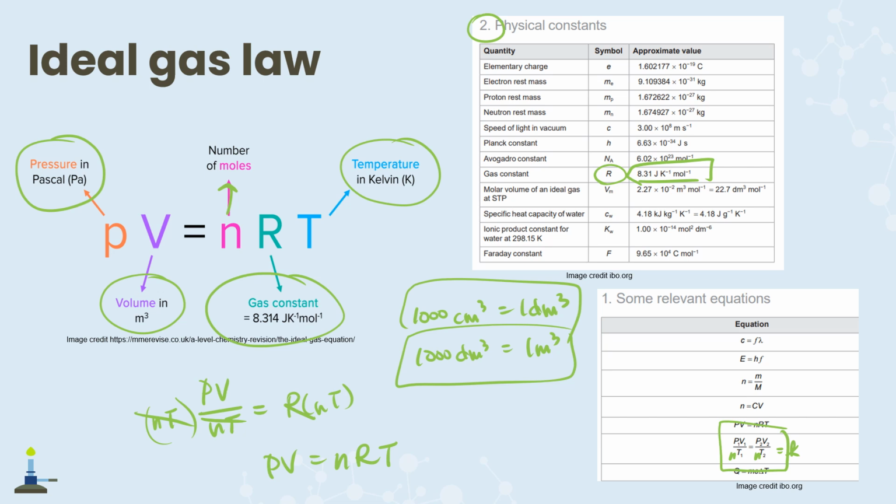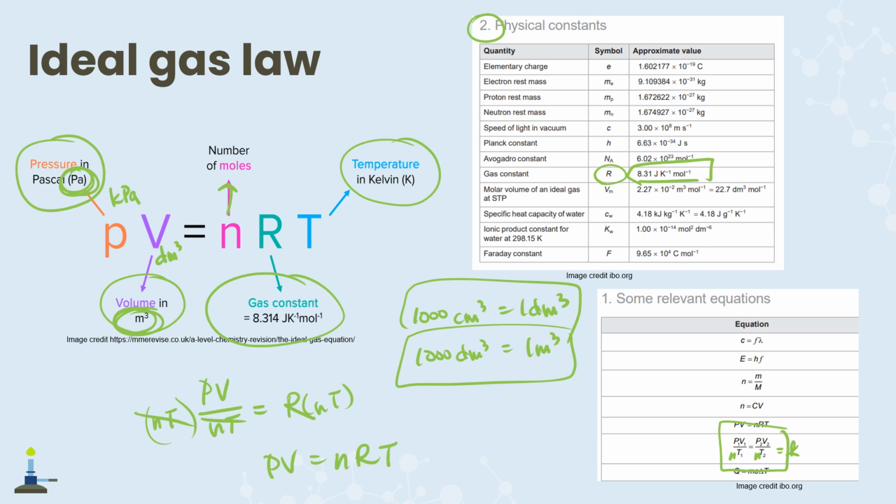How I remember: I need no prefixes on the pascals and no prefixes on the volume. Now, if we start to add some prefixes, I can make this a kilopascal if I make this a cubic decimeter, but sometimes it's easier to just remember no prefixes. No prefixes. PV equals nRT.